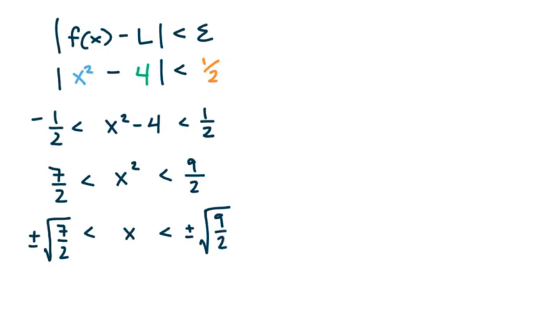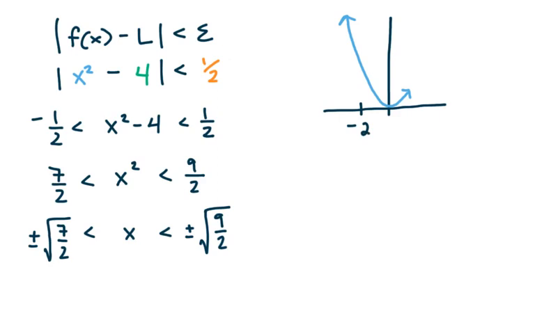So let's consider our graph and then also the c value that we are approaching. The graph of this function, if I were to graph it, is a parabola opening up, with its vertex at the origin. In this situation, we're interested in what is happening at x equals -2.